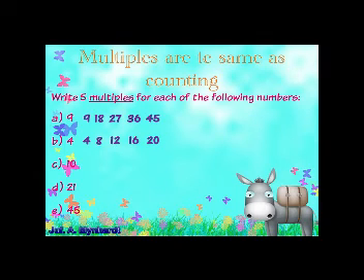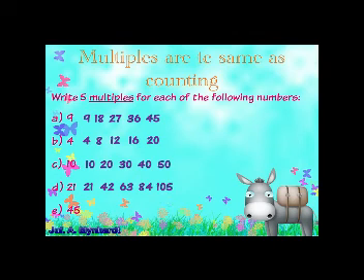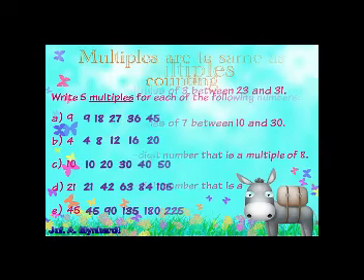Then 10, it's very easy, 10, 20, 30, 40, and 50. And then 21 is 21, 42, 63, 84, and 105. And then the last one is 45, 90, 135, 180, and 225.